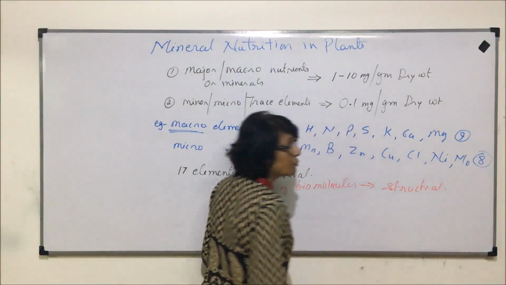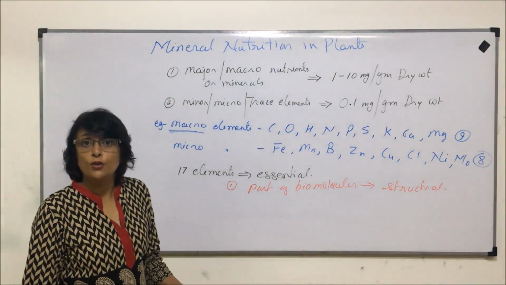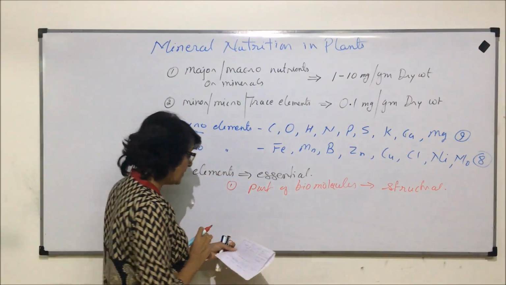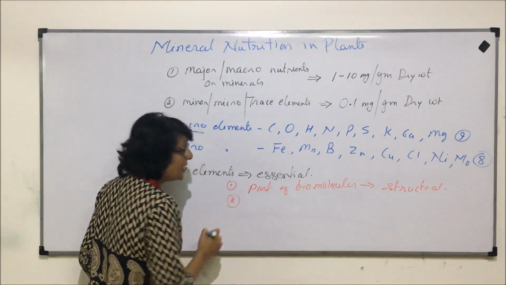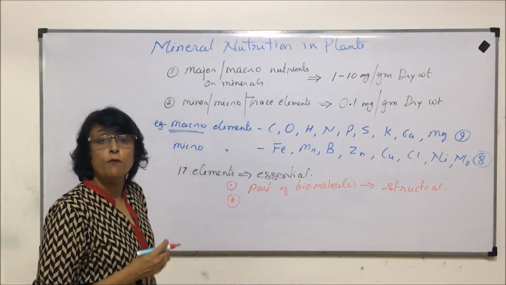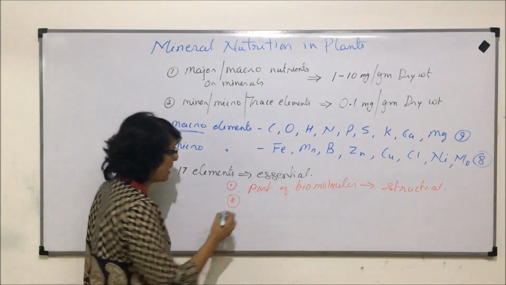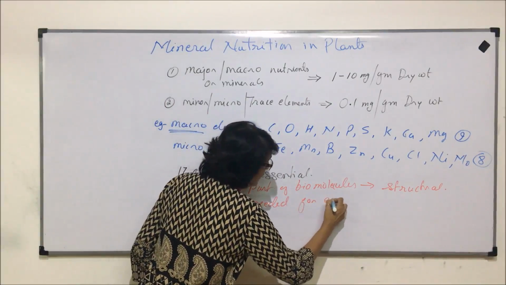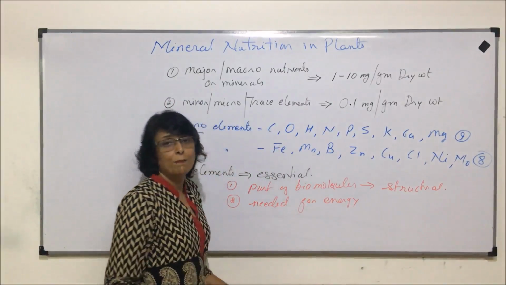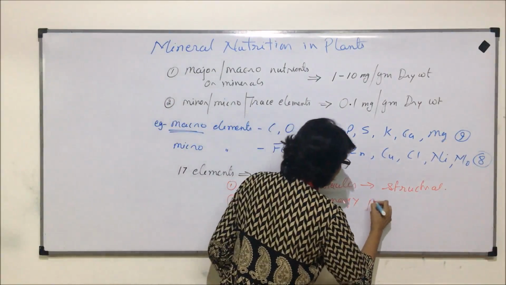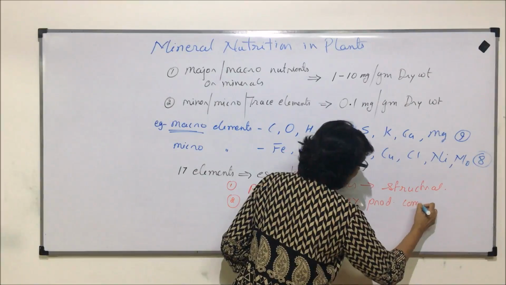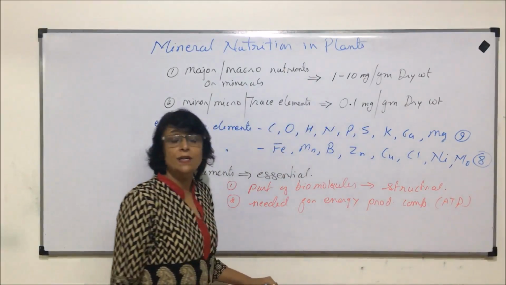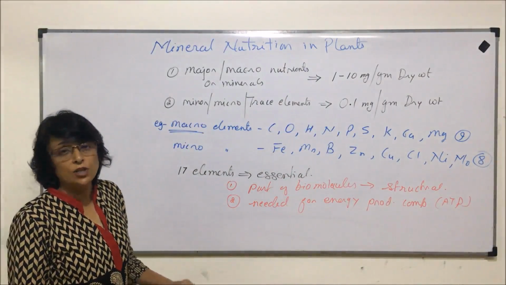They are also responsible for giving structure to the plant. So they are considered as essential. The second criteria is they are also essential for energy producing compounds, like ATP. Then those elements are also considered as essential elements.